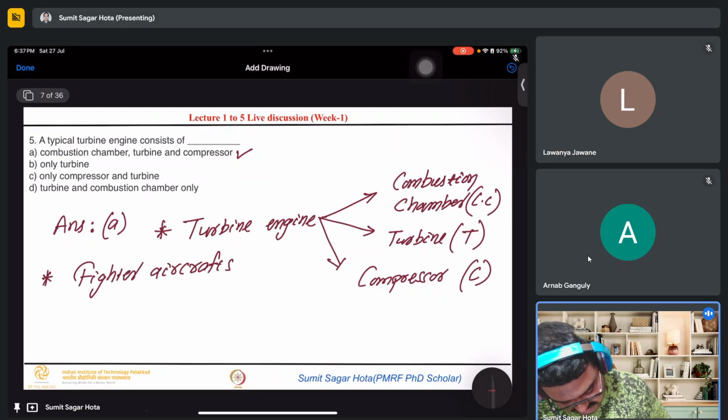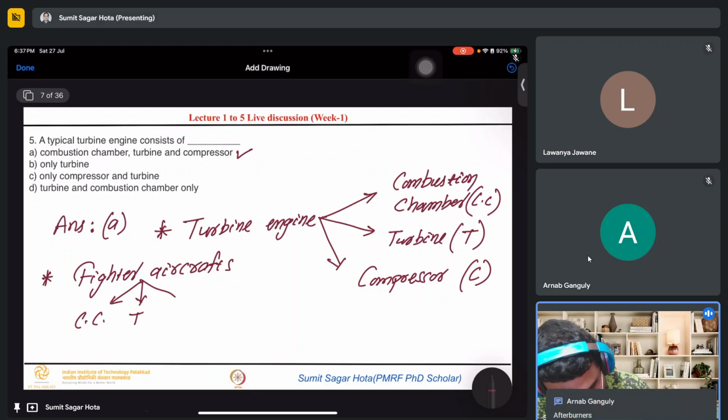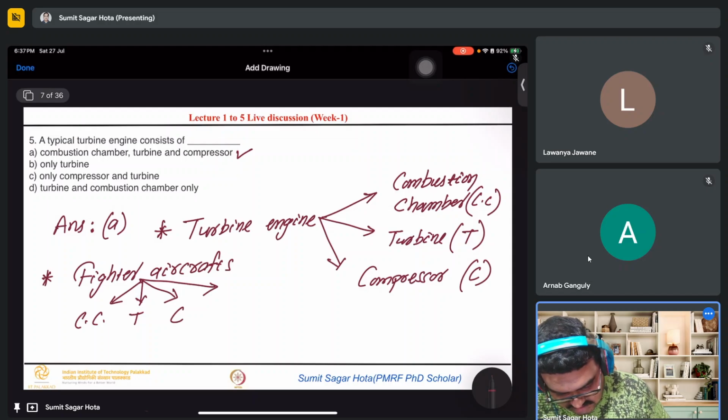So in fighter aircrafts, your combustion chamber is there, your turbine is also there. Exactly, afterburner. So compressor is also there, and the afterburner or afterburning section we can write.